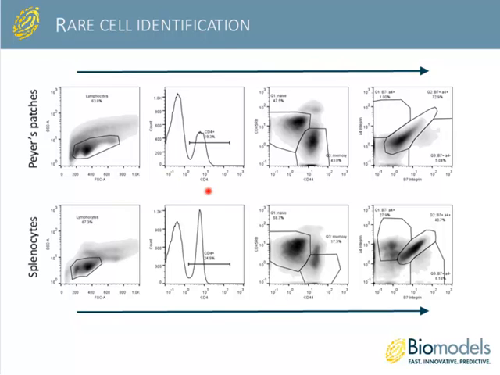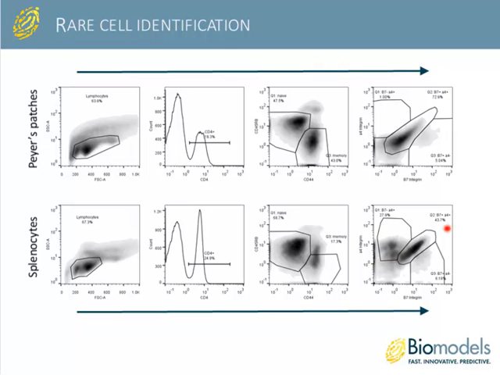But we're going through CD4 for the T helper cells, and then CD44, CD62, CD45RB rather, for differentiating memory and naive cells. And then within that memory compartment, we can look at expression of alpha-4 and beta-7 integrin. You can see that in the Peyer's patches, there are very few cells expressing this alpha-4 beta-7 integrin, but in the spleen, there's quite a substantial population.